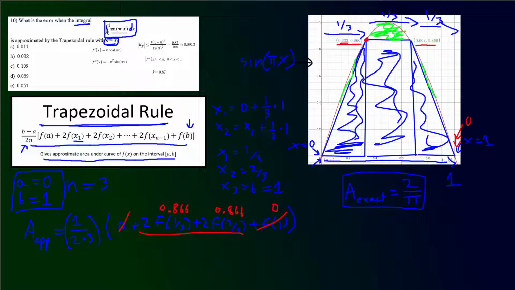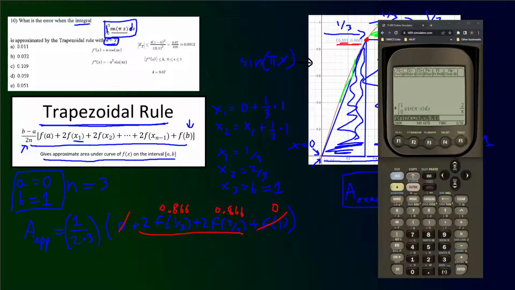So now we're going to bring out the calculator again. If I type this into my calculator, it's 1/6 times 2 times 0.8666, we'll add a couple more sixes on there, plus 2 times 0.866, assuming it repeats.